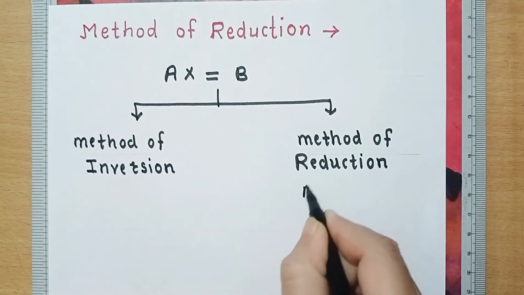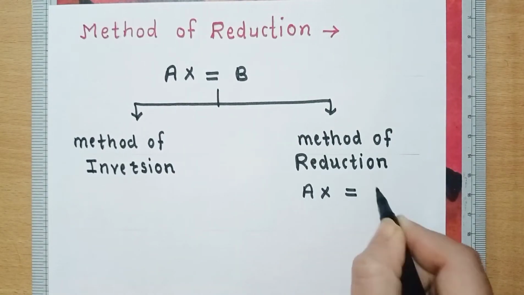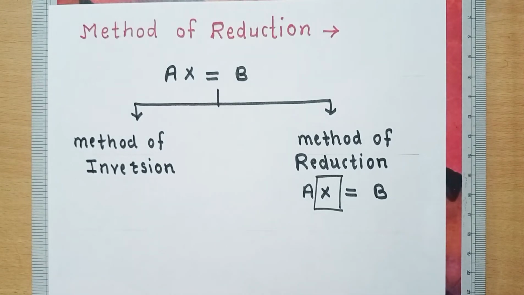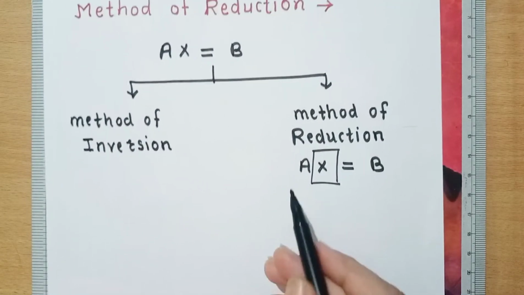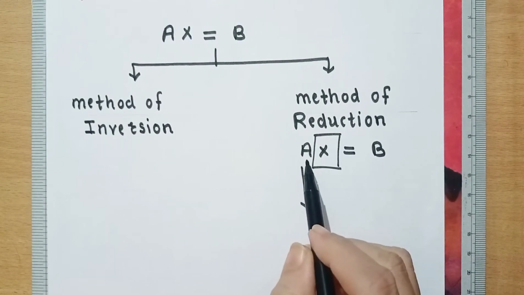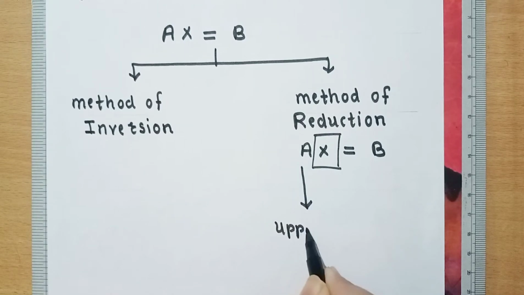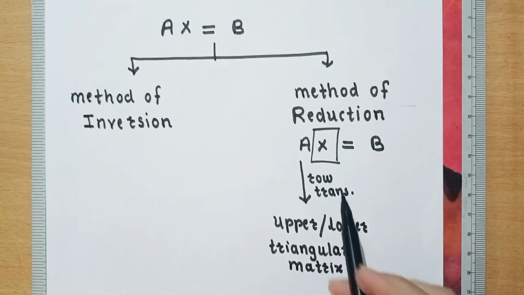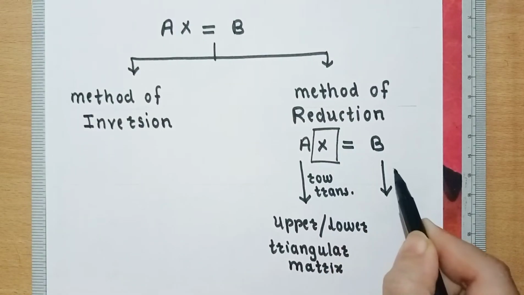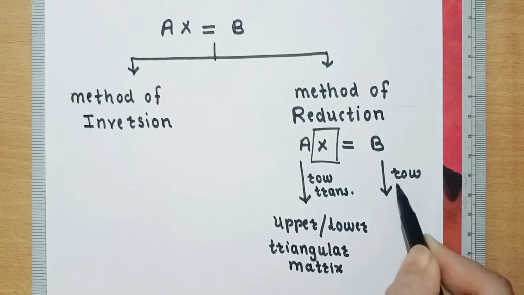This is our matrix equation, Ax is equal to b, and we want to find out the values of the variables. So we will perform row transformations for A to convert it into an upper or lower triangular matrix, and we will perform the same row transformations for b also.